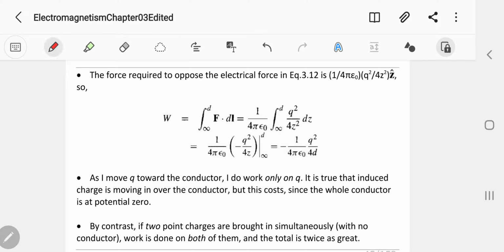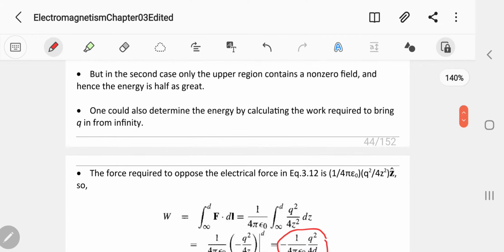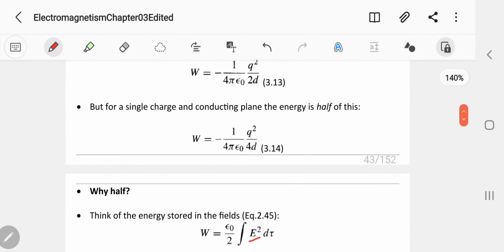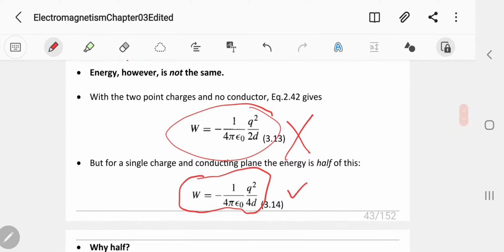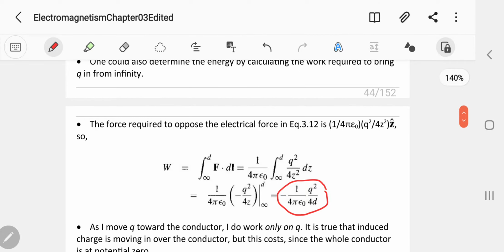So when you do that, you will actually get the energy to be this. And look, this is just it. We got the half, not the full. This one is not the correct answer. So this must be the correct one when you use the force.